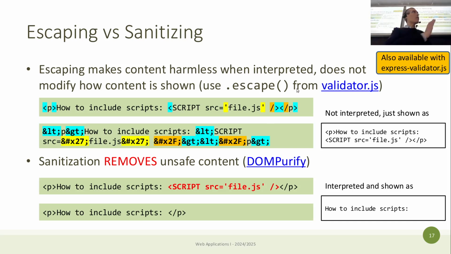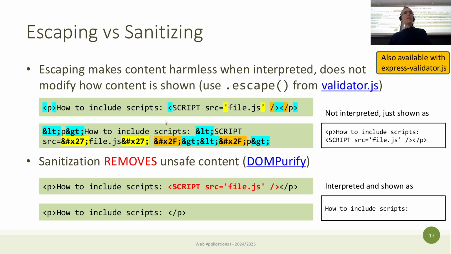Okay, so we saw two techniques. This is a recap. What's the difference between escaping and sanitizing? Escaping is leaving the content unaltered. It appears the same, but it's not interpreted. So we found a way to have the same appearance, but make the browser avoid interpreting the code.